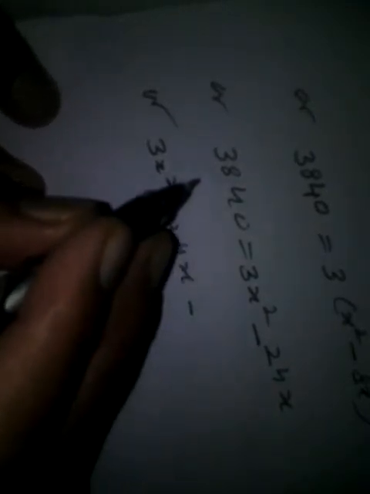On the other side we get 3 times x square minus 8x, which is 3x square minus 24x. So 3840 is equal to 3x square minus 24x, and bringing 3840 to the right hand side, we get 3x square minus 24x minus 3840 is equal to 0.